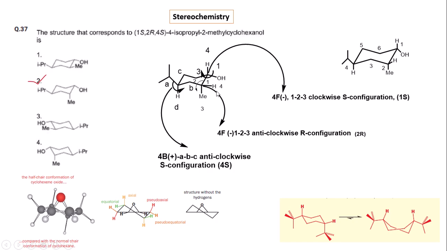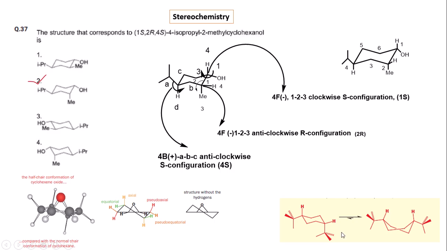Here also the fourth group is present in the front position, so this is the 4 negative rule, and this priority sequence is an anticlockwise rotation, and it gives the R configuration. Similarly, according to the 4 positive rule, this isopropyl-containing chiral center is 4S. So the proper configuration is given in option 2, and hence the correct option is 2.